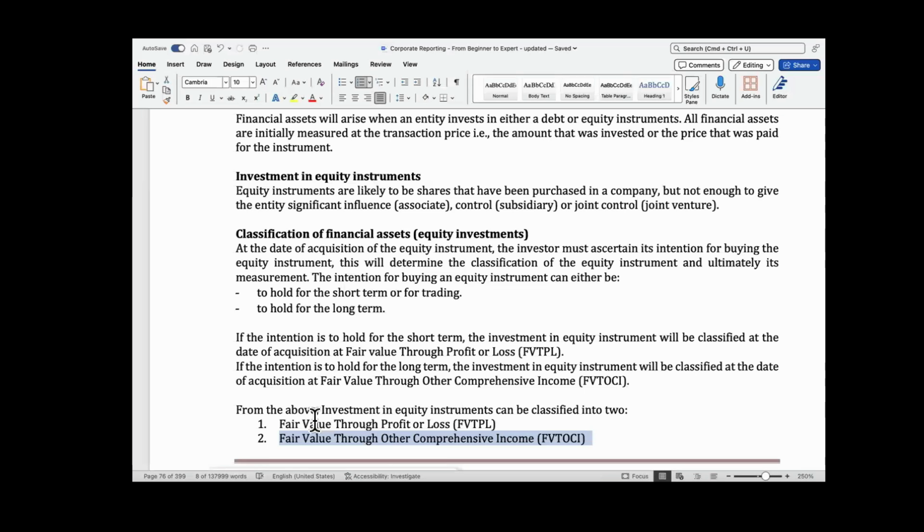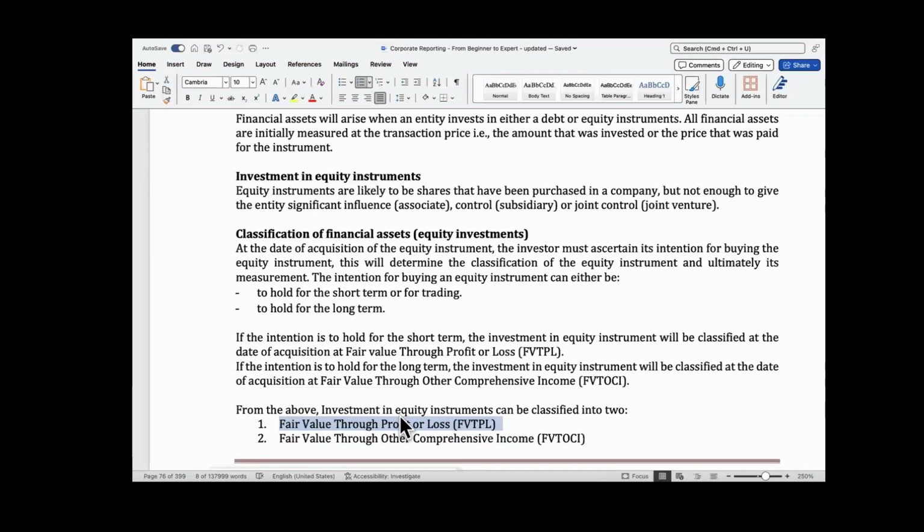So from what I've mentioned now, you need to carefully remember that when we say a financial asset is classified at fair value through profit or loss, it means that our intention is to hold it for trading. We are holding it for speculation. That very soon we are going to sell it, but I'm just waiting.